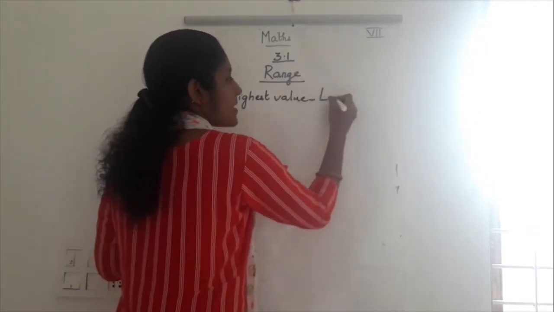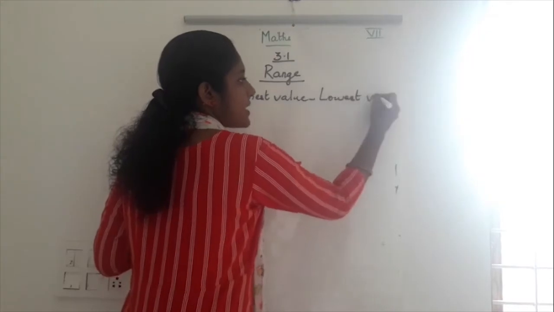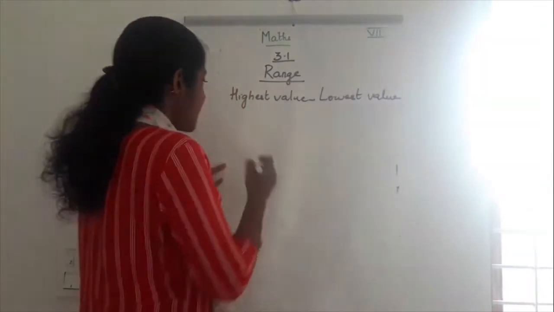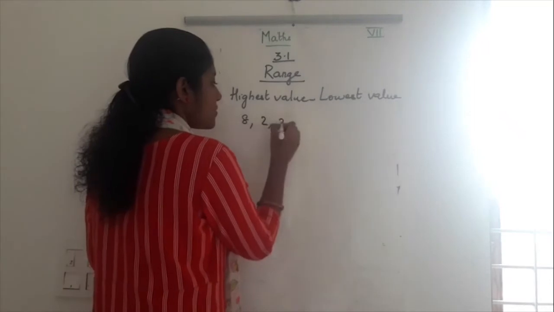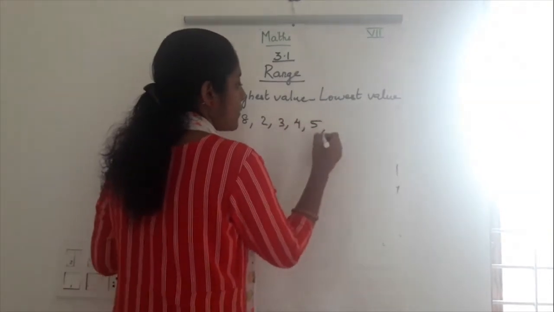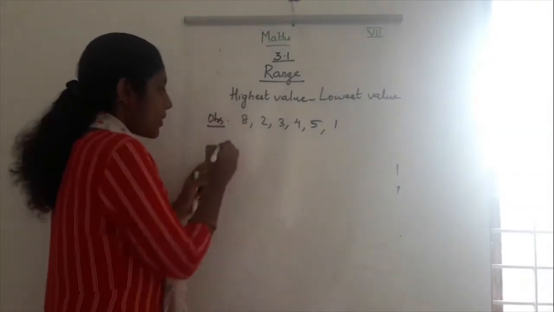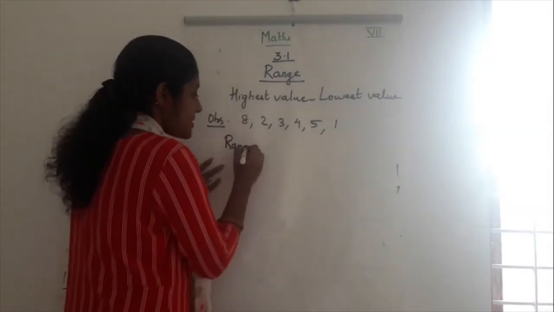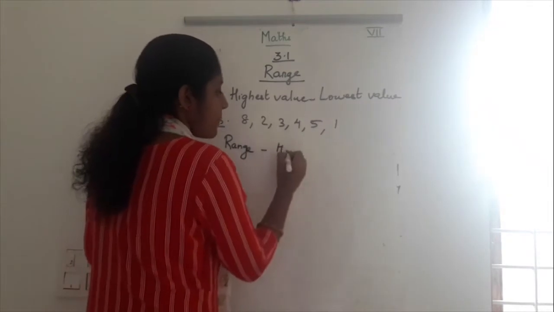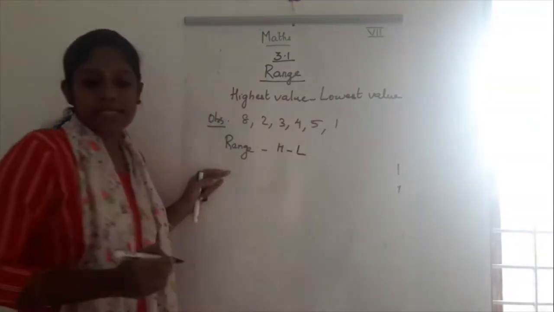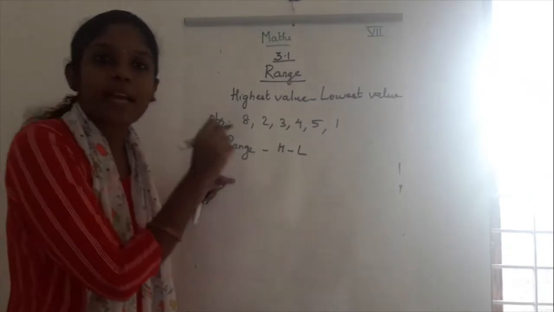That is, when a set of data is given, 8 2 3 4 5 1, this is the observational data. When you have to find the range, it is the highest value minus the lowest value.